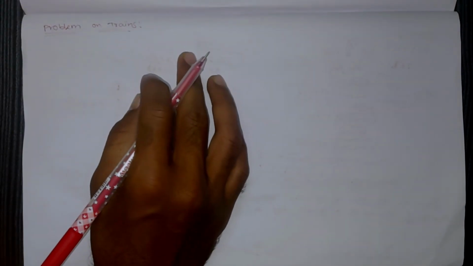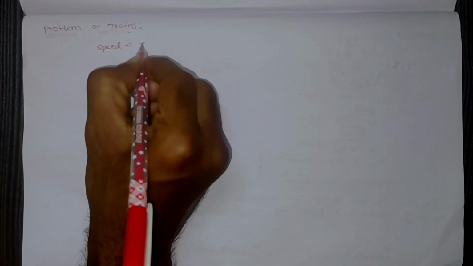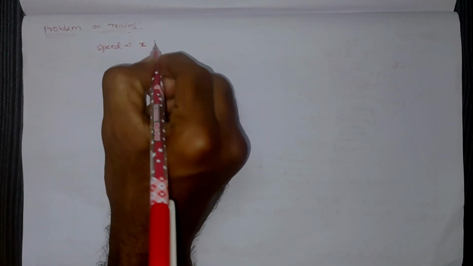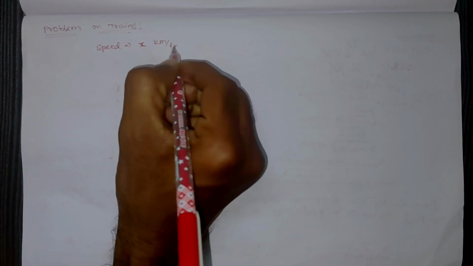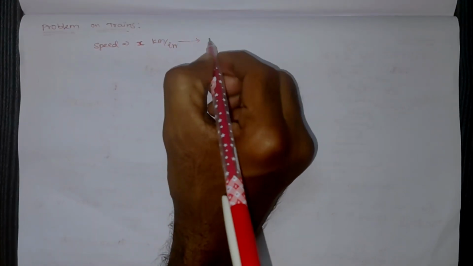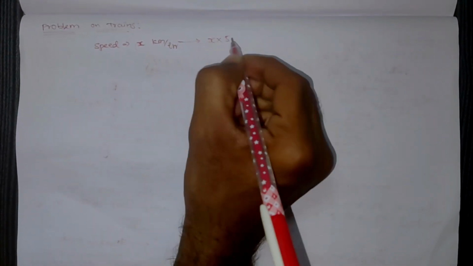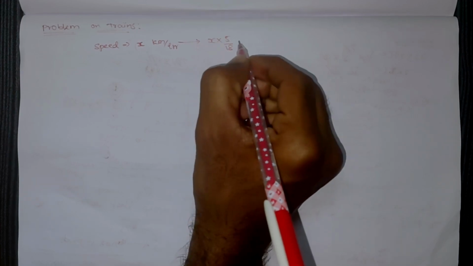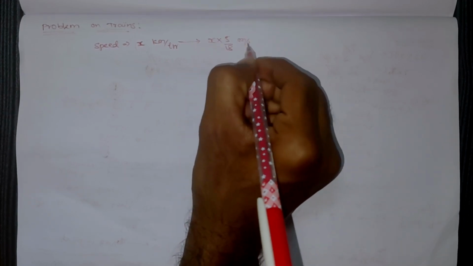The first concept we need to learn is, if we are given our speed as x in the units of kilometers per hour, and we have to convert this kilometers per hour to meters per second, we just simply multiply that speed by 5 by 18 and that will give us meters per second.